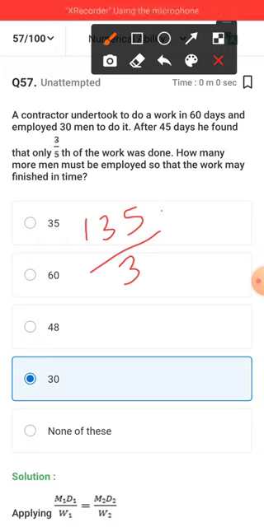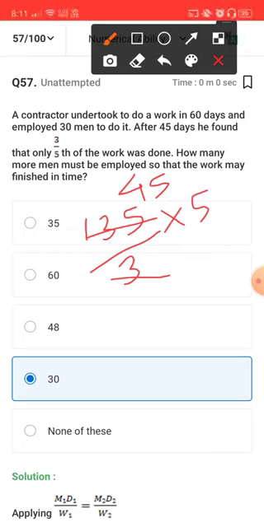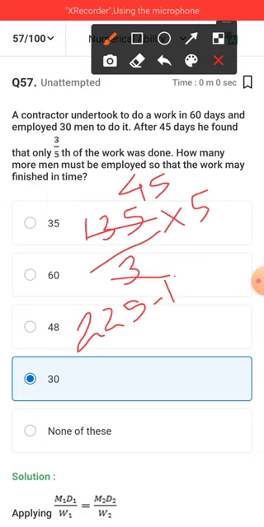So I multiply it with 5 to get the original work. The total work is 2250. We have done 1350 of the work, so the remainder is 900 work we have to do.